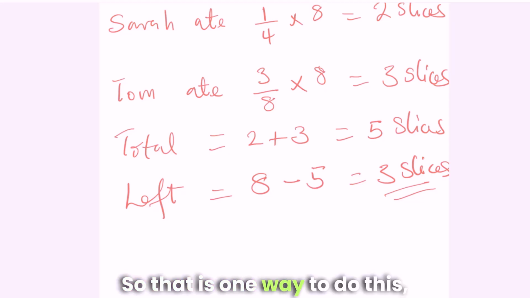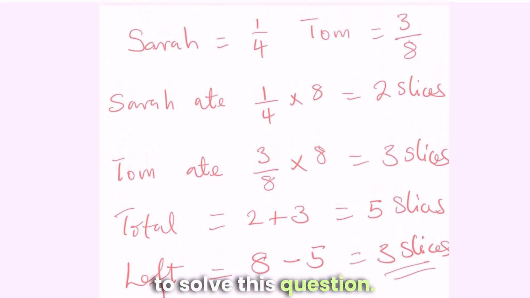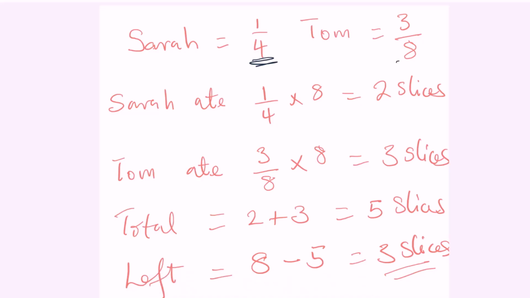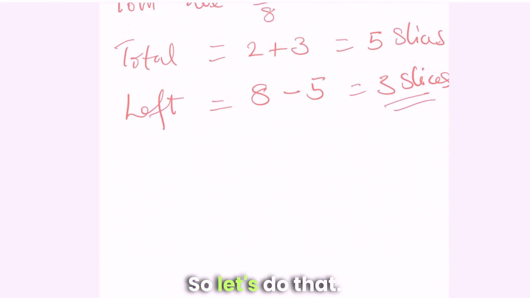So that is one way to solve this question. Another way you could do it is to first of all add the fractions. So find the total fraction eaten. So let's do that.